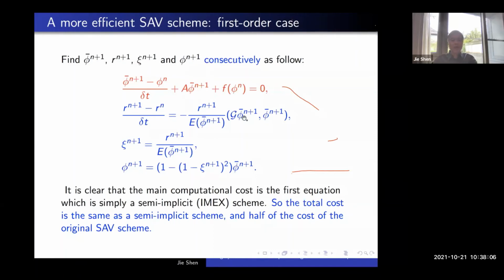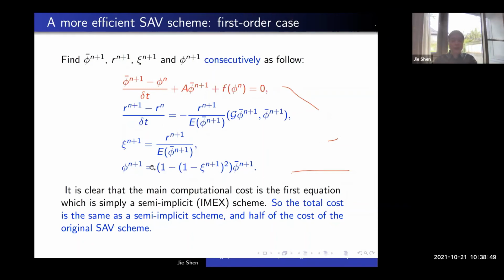Once I get phi bar, I discretize the second equation for the energy, and you see, this is just a linear equation for R^{n+1}, which you directly solve. And once we solve for R, I compute C to be this ratio. And finally, I do a correction to phi bar. And C, remember, C is an approximation to 1, so 1 minus C is order delta t.